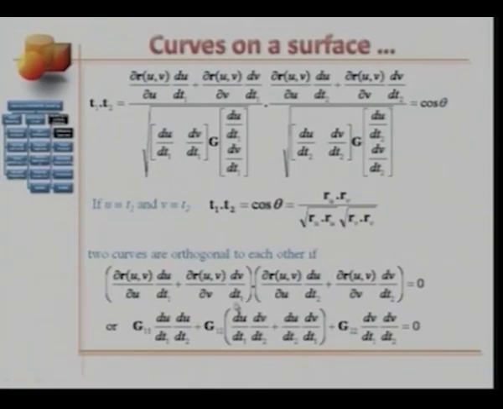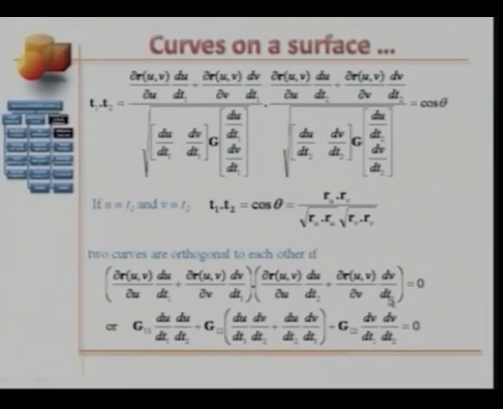Let me spell this out for you. Partial r over partial u times du over dt1 plus partial r over partial v times dv over dt1 dotted with partial r over partial u times du over dt2 plus partial r over partial v times dv over dt2.